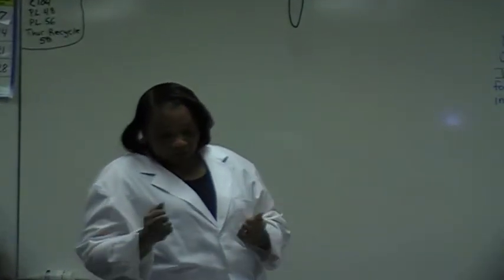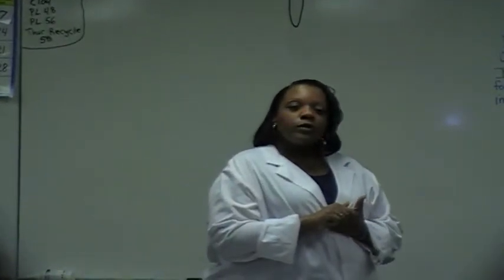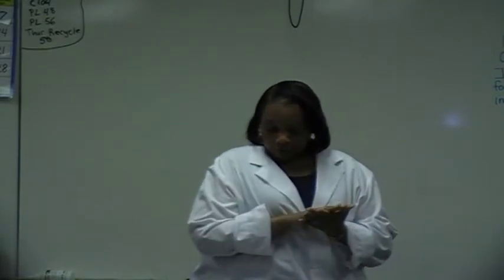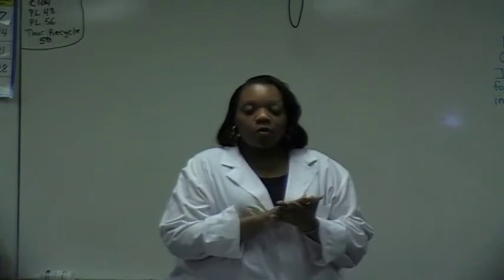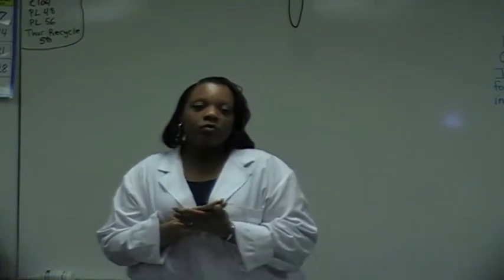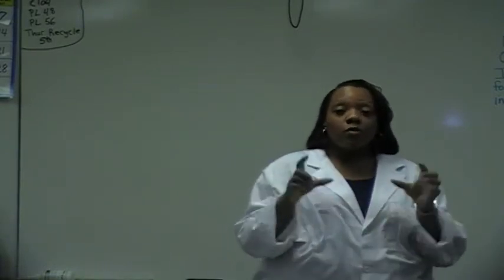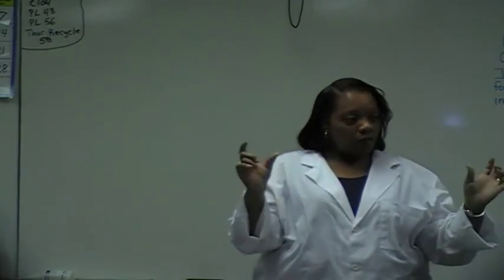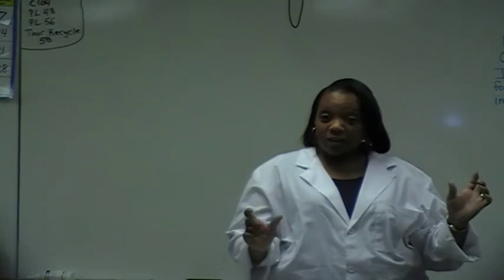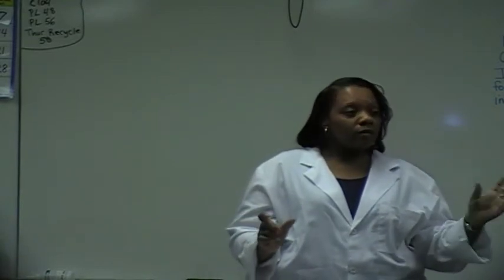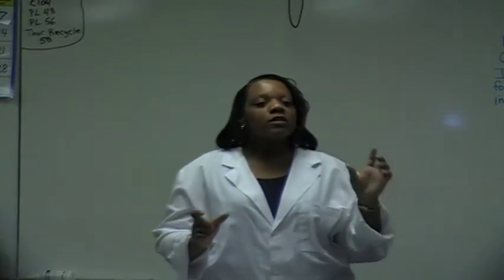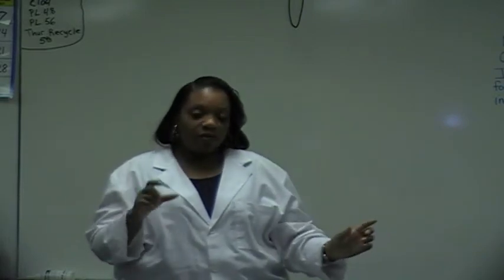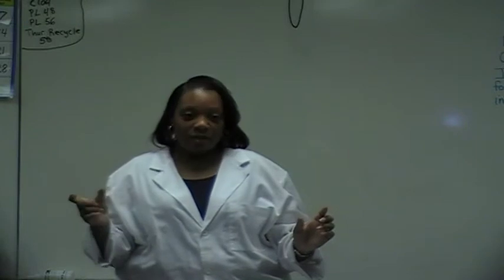Okay, if I tell you that the word root is natal, let's go with the word prenatal. The word root is natal. You have a suffix of al, meaning pertaining to, and you have a prefix of pre in this case. So we have 3 word parts. We have the prefix, the word root, and the suffix.